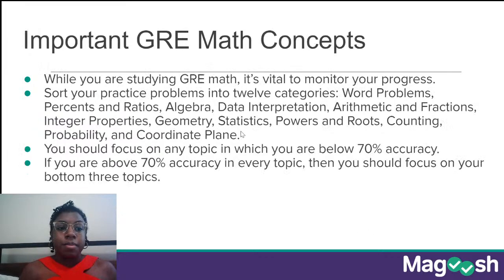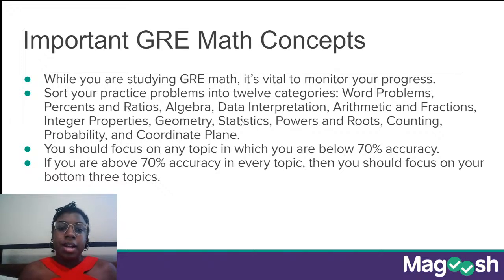Now we'll talk about important GRE math concepts. While you are studying GRE math, it's vital to monitor your progress. If you have made it far enough into your study routine that you have done around 250 mixed practice problems, then you can start to assess how well you are doing in each topic.